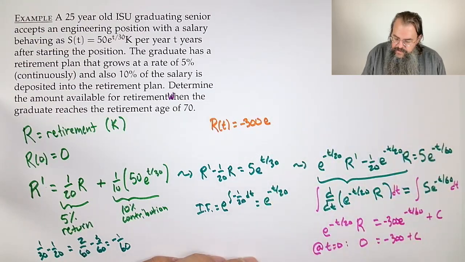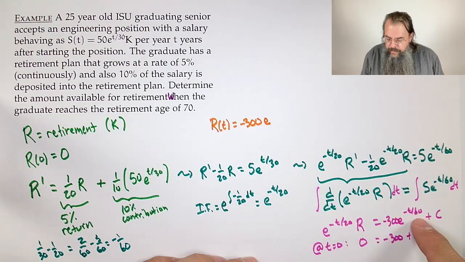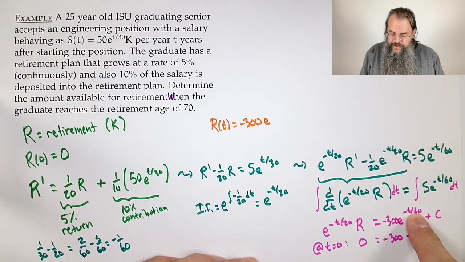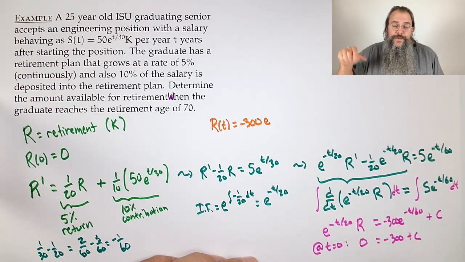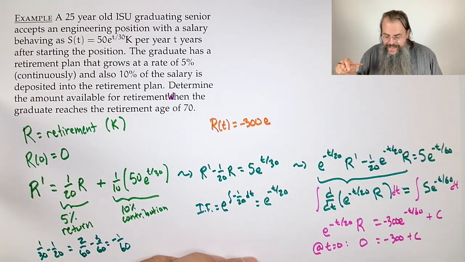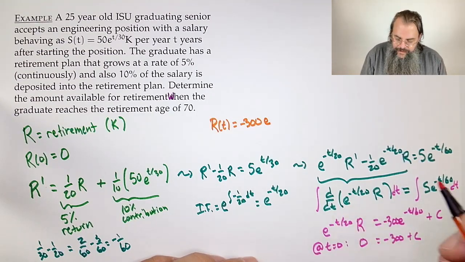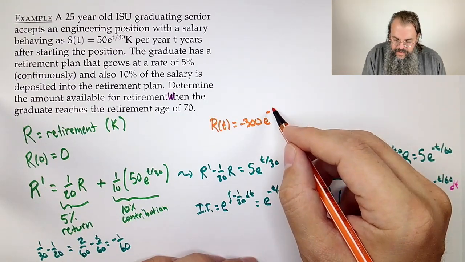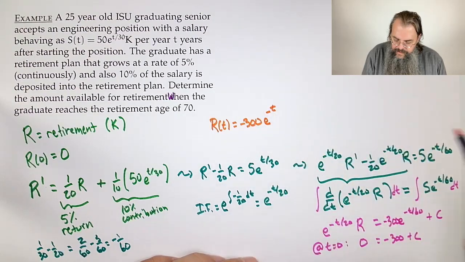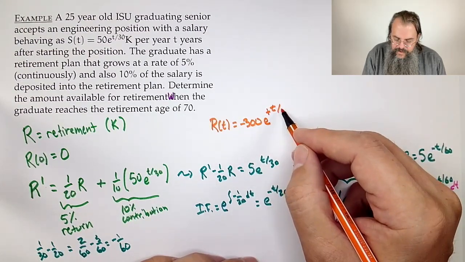Again, we're multiplying by e to the t over 20. So it's 1 over 20, which is the same as 3 over 60. Subtract 1 over 60, which is 2 over 60, or 1 over 30. So it's e to the plus t over 30.